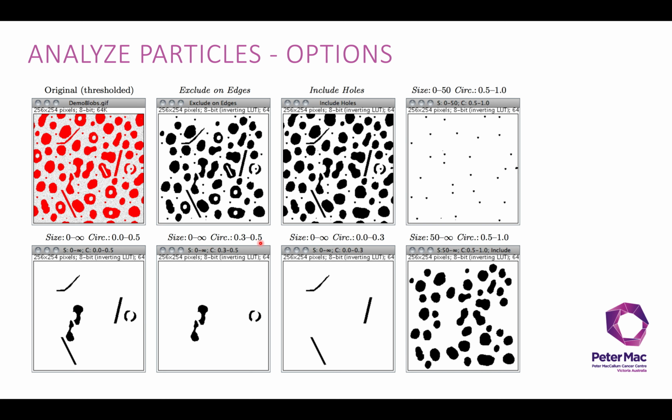So 0.3 to 0.5 gives you the globular but not the elongated structures, and vice versa. And here, if we filter based on size, so 50 pixels squared up to infinity, and 0.5 circularity and above, gets us these larger circular structures. Okay, so you can use this to exclude things out of your analysis that you don't want to analyze.